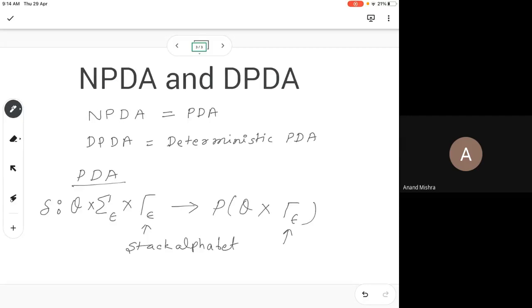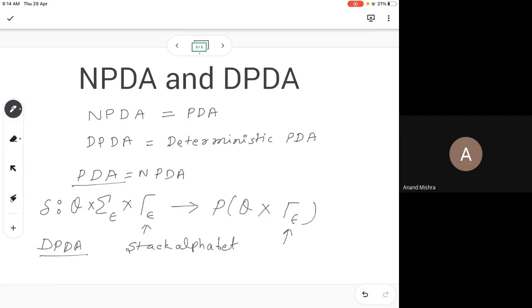In NPDA, let's write it here itself. Sorry, this is the same as NPDA, right? So this is NPDA. These are the same, but this is deterministic PDA, DPDA.